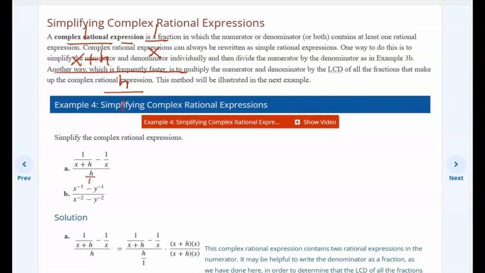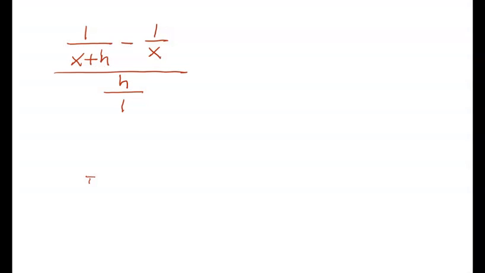Let's go to the whiteboard. I'll change colors. What we need to find out is what's our common or least common denominator here. So we're going to multiply each part, the numerator and denominator, by our least common denominator. And you can just pick it right out of here.